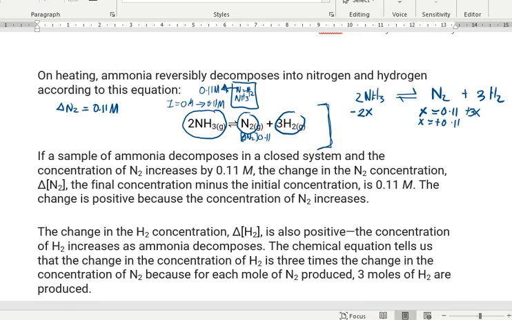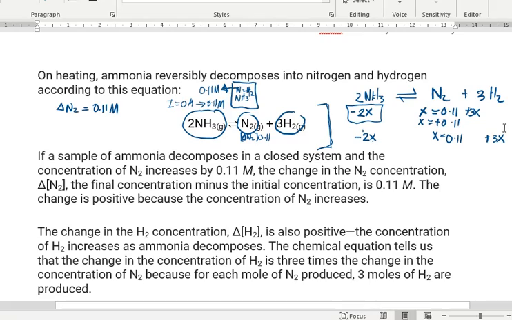So this one is negative because it decomposed, right? The ammonia is consumed to become nitrogen and hydrogen. So the changes now will be negative 2x, then x, which is equal to 0.11, and positive 3x. Okay? So that means for every 2 mole of ammonia, we produced 1 mole of N2 and 3 mole of H2.